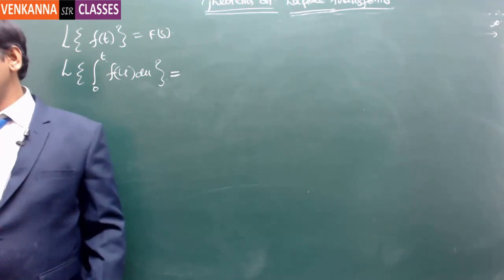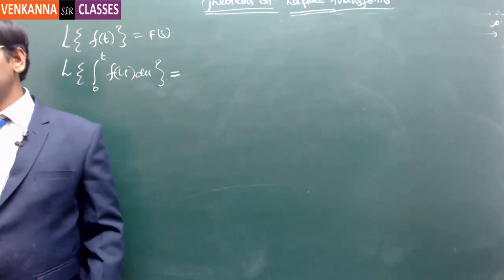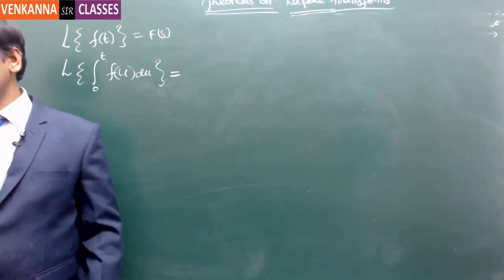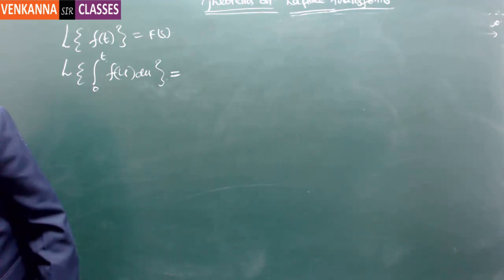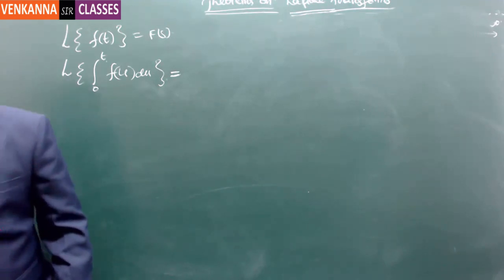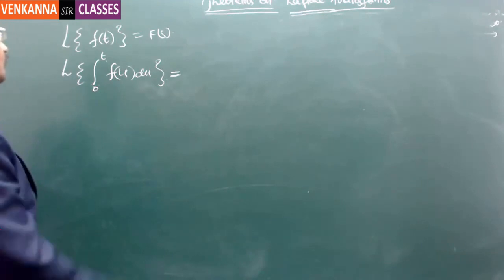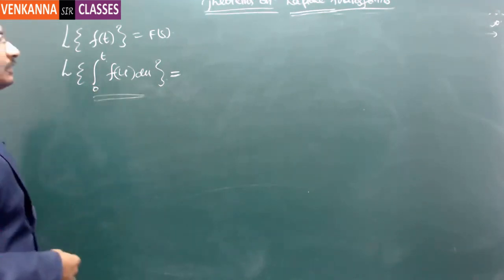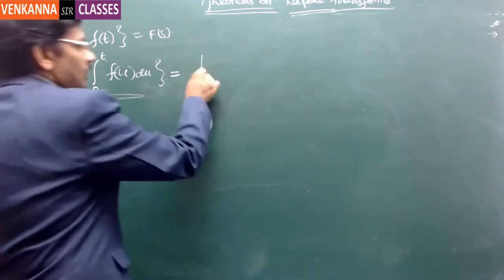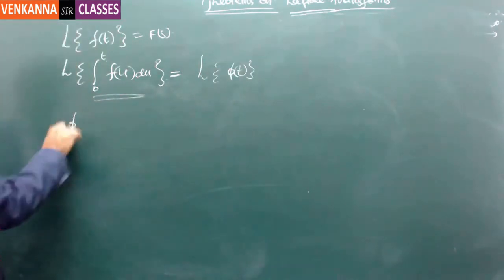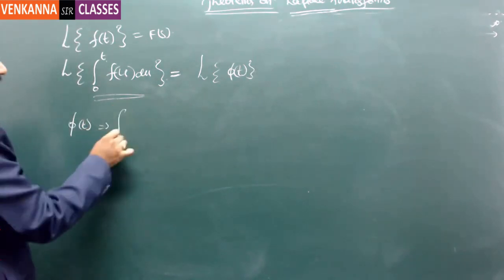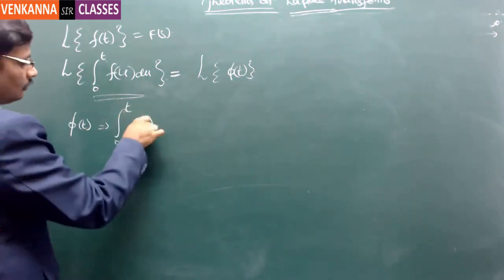Imran? Yeah. So here, if you want to find the Laplace transform of this, then let us say I call this the Laplace transform of the function phi of t, where phi of t is equal to integral 0 to t f of u du.